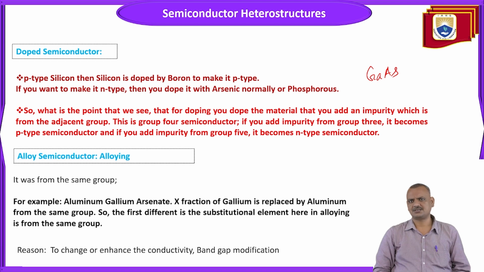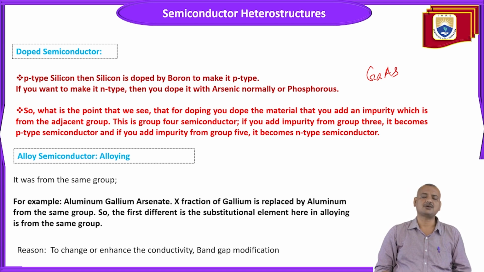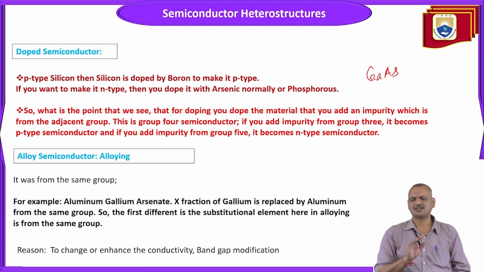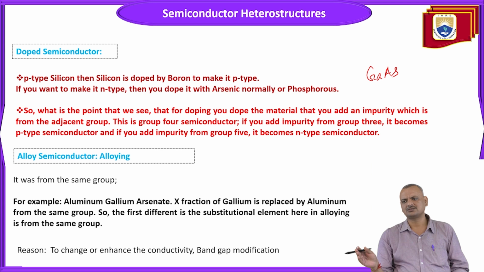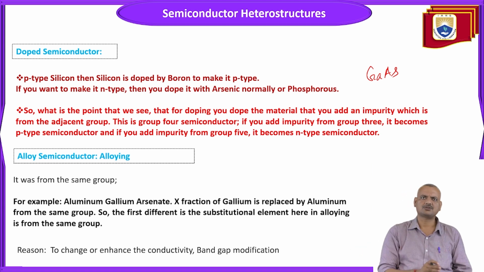So the first difference is that the substitutional element in alloying is from the same group. What is the difference between doped semiconductor and alloy semiconductor? In doped semiconductor, there is no such criterion. Either you can choose a third group element or a fourth group element.